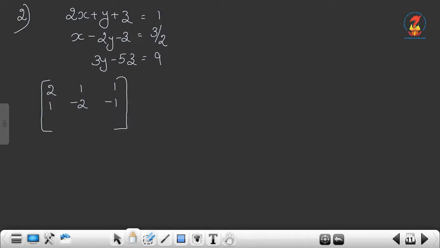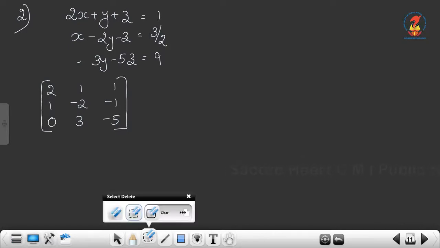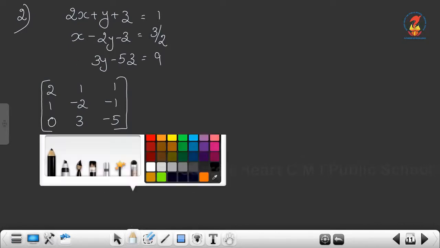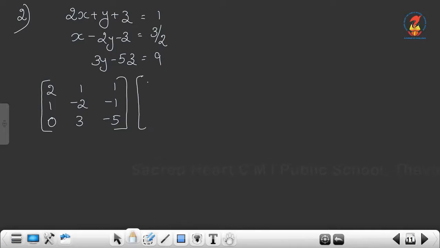Then in the last equation the x term is not here, so we write 0x, then 0, 3 and minus 5. Now the next column matrix: here we have 3 unknowns x, y, z, then the right hand side column matrix 1, 3 by 2 and 9.